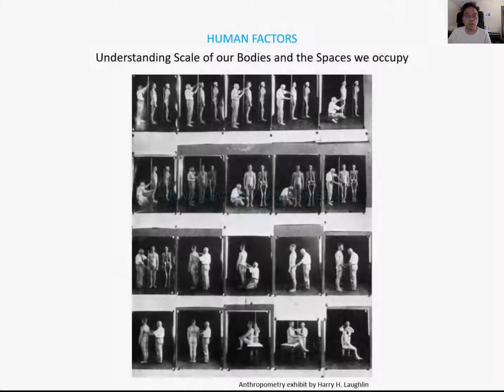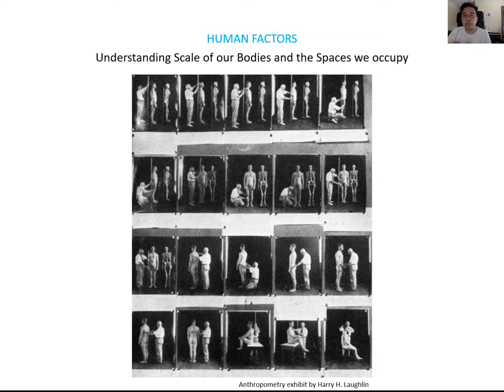Anthropometry is the study of the human body and its movement. It involves collecting statistics or measurements relating to the human body. So we can call it anthropometric data. But what about the human factor? Human factor is an understanding of the scale of our bodies and the space we occupy, which is a scientific discipline concerned with the understanding of interaction among humans and other elements of the system.